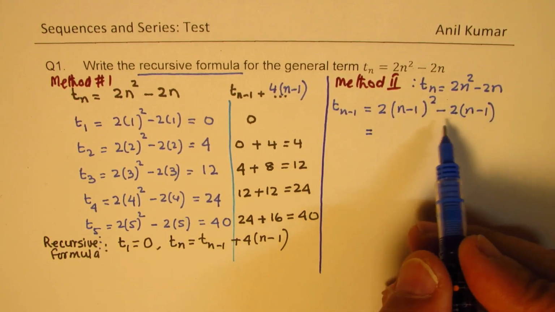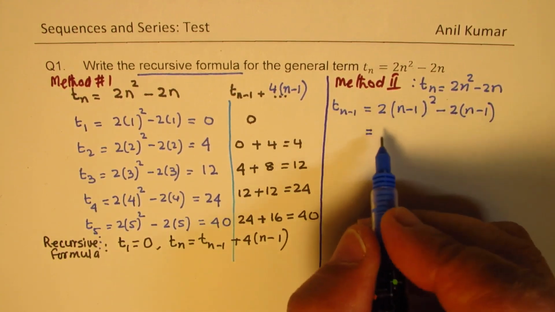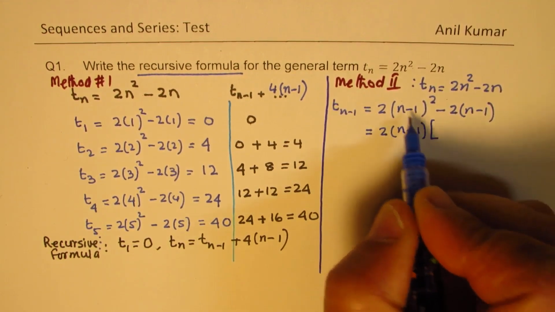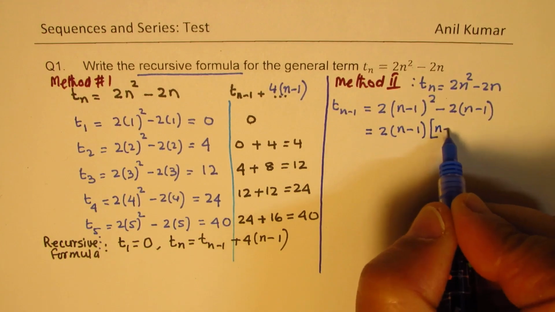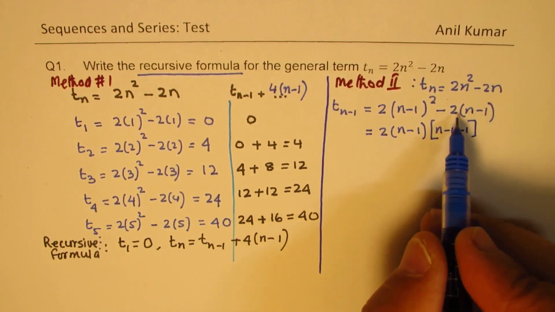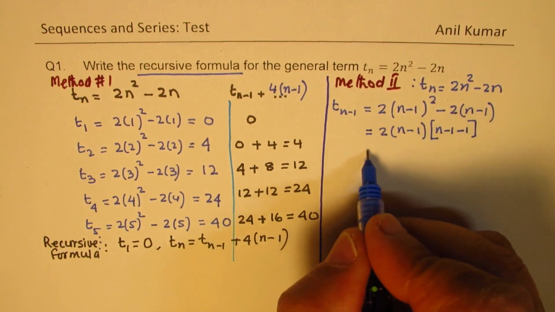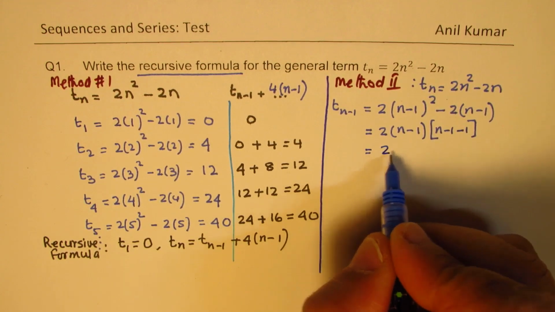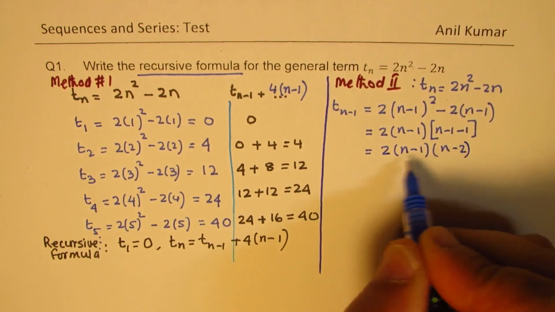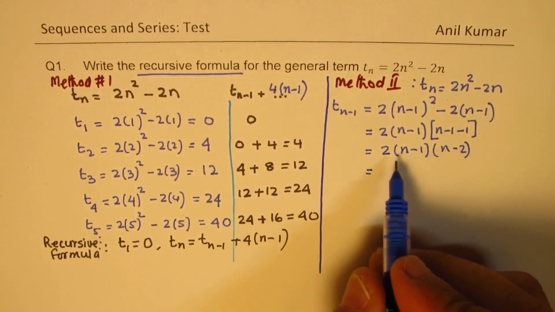Basically we have 2 times n minus 1, and if I take n minus 1 within the bracket, I get n minus 1 and this is minus 1, correct? Because we have taken 2 times n minus 1 in the bracket. So we get 2 times n minus 1 times n minus 2. Anyway, we have to expand. So let us expand.